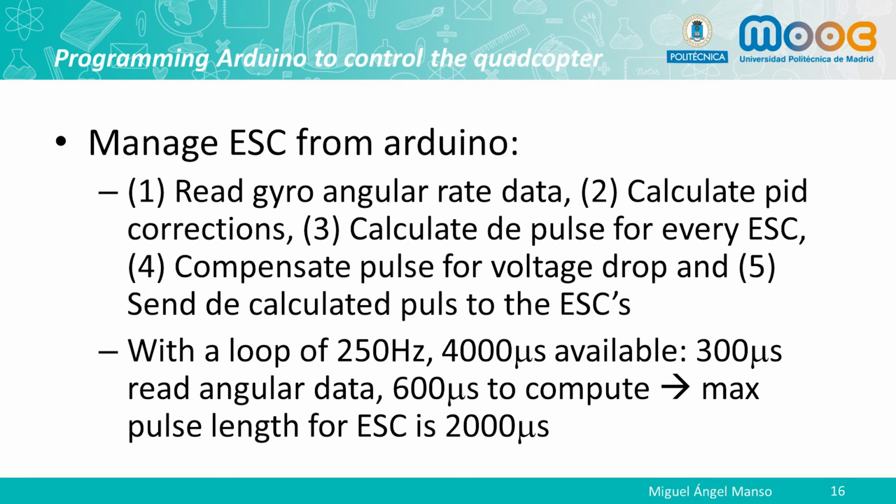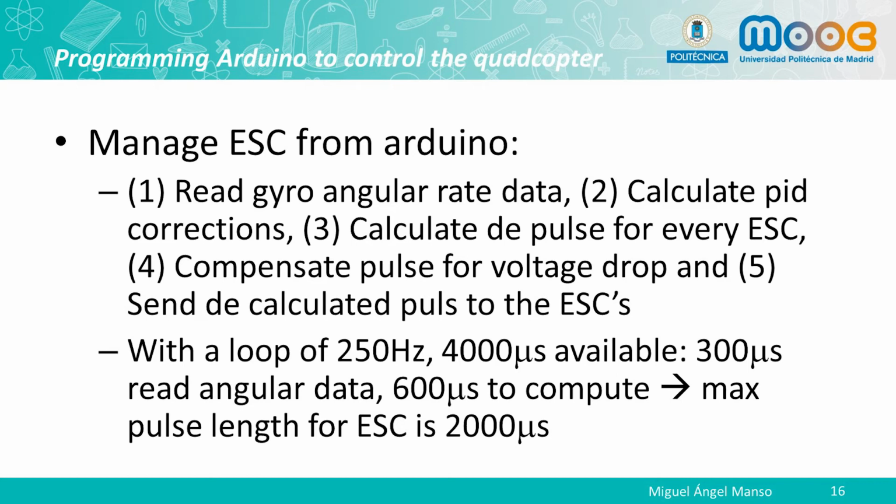Programming Arduino to control the quadcopter. Manage ESC from Arduino in order to control the electronic speed controller. Five sequential steps must be done: read the gyro angular rate data, calculate proportional integral derivative corrections, calculate the pulse for every ESC, compensate the pulse for voltage drop, and send the calculated pulse to the ESCs.